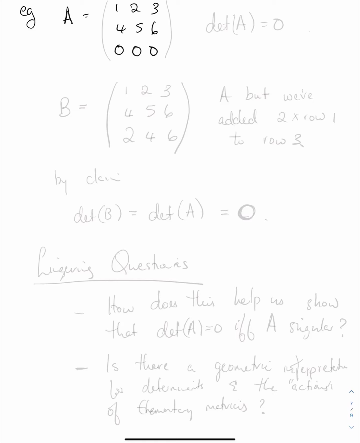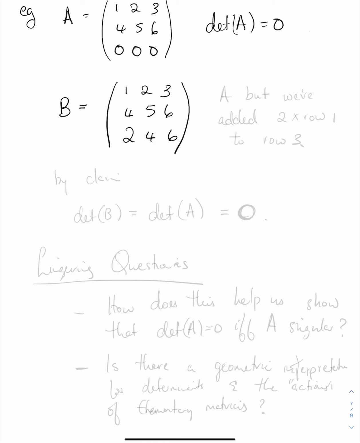We want to find the determinant of A. Of course, I could find it directly, and it would be 0. Now let's look at B: 1, 2, 3, 4, 5, 6, 2, 4, 6.